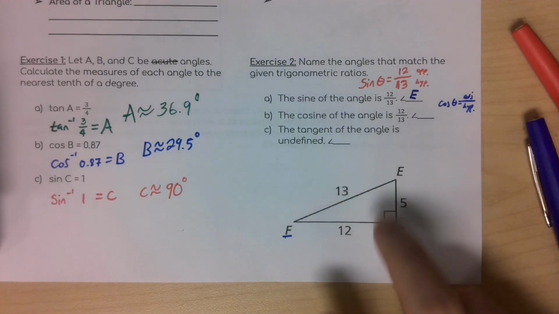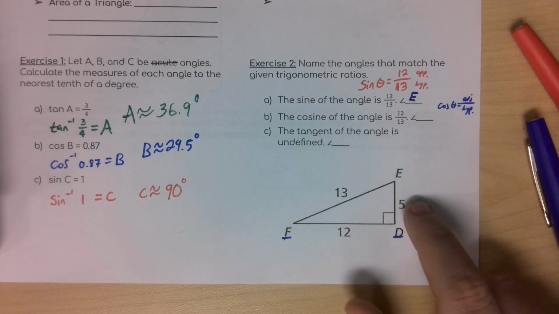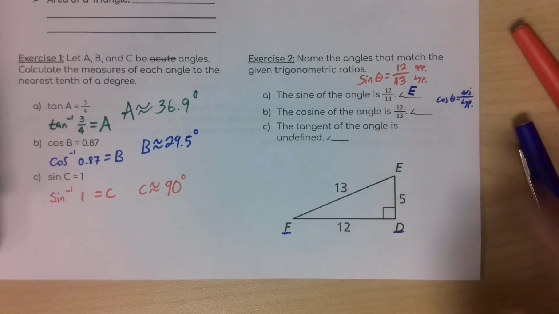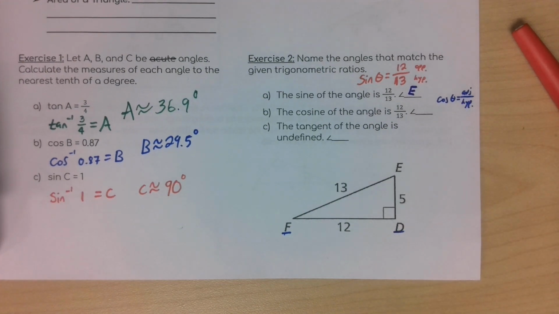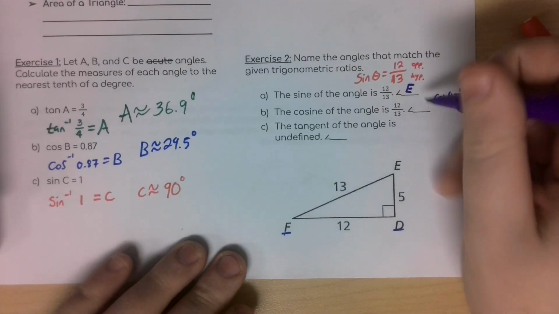Angle F being 12/13 makes more sense because D, as our right angle, has two adjacent legs. We don't want to deal with angles that have two adjacent legs with a cosine. So, by process of elimination, angle F is our mystery angle.